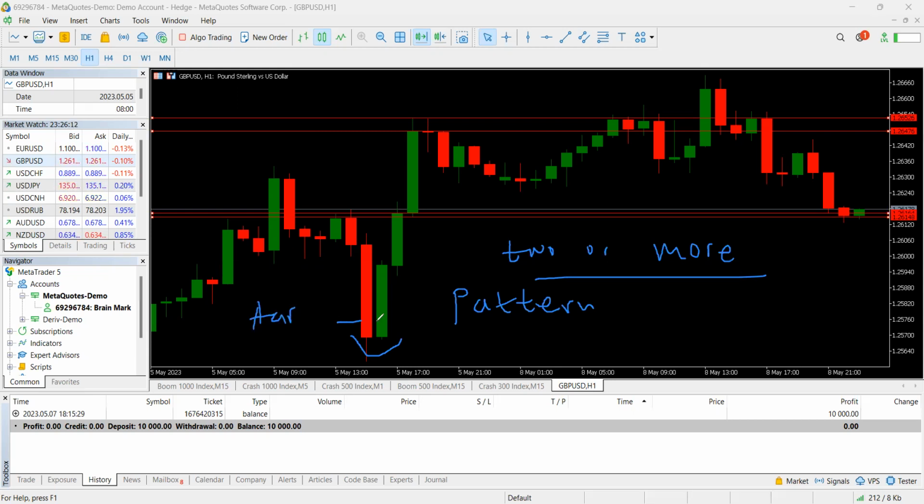But what type of harami is it? It is a bullish harami. Now, what does it mean? We see the first candle is bigger than the second candle. So it's like when you put the height of this candle into this, the red one will swallow the green one.